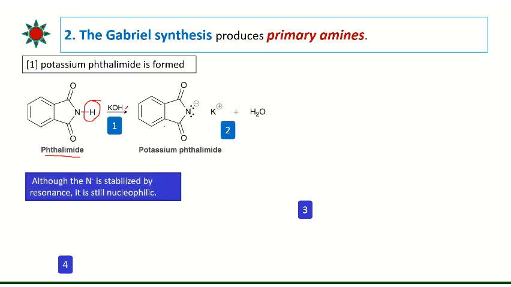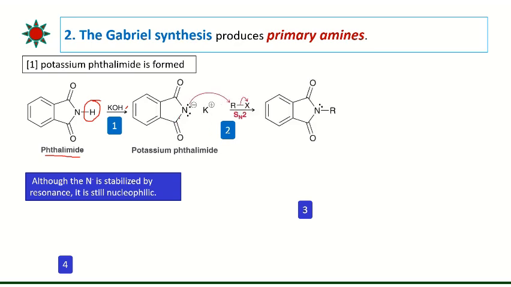The potassium salt has this nucleophilic nitrogen, so it's a pretty decent nucleophile, which we can then use for a bimolecular attack on the alkyl halide. And so now we have our nitrogen carbon bond. This is the species that will give you your primary amine.